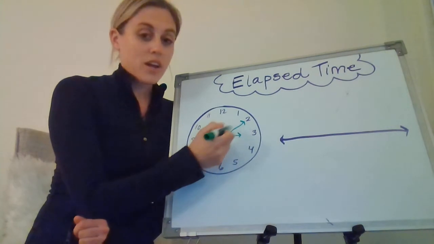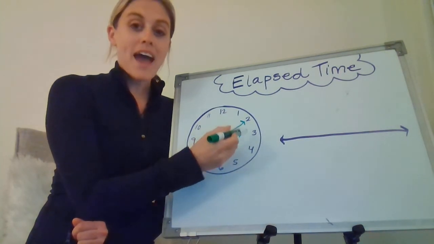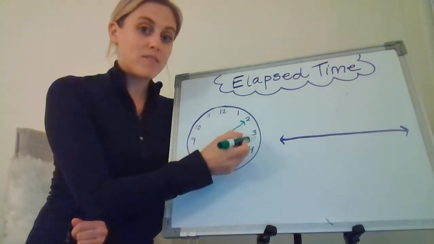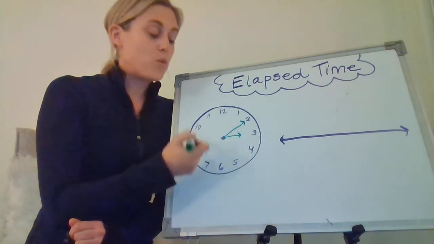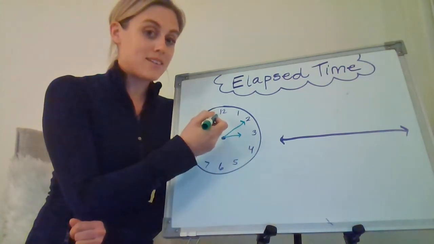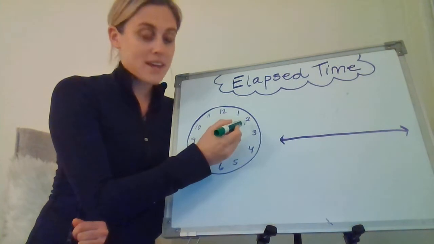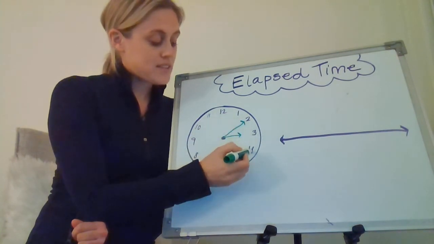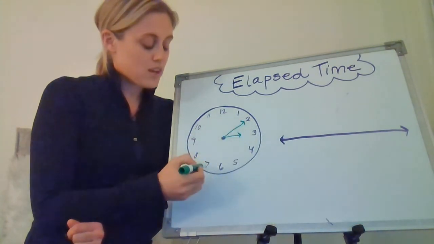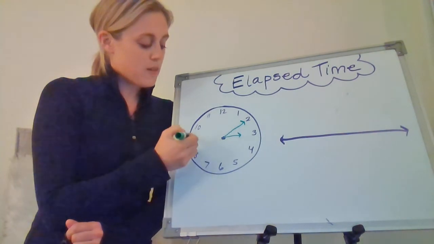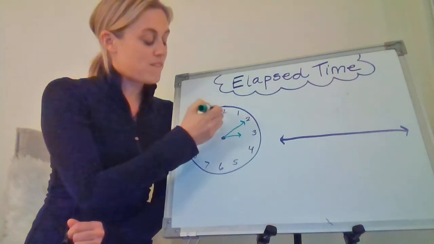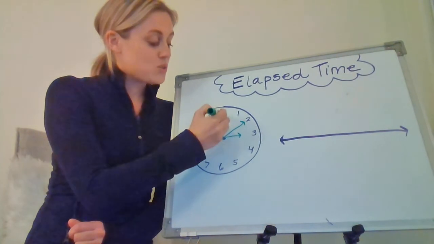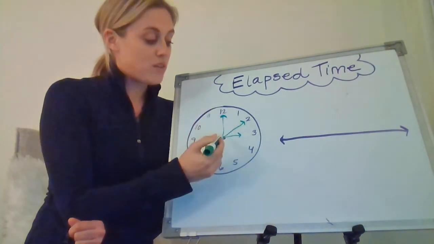So if we're starting at 3:10 and we're going to add 50 minutes, I can count by fives on my big numbers and see where we're going to end. So we start at 3:10, 5, 10, 15, 20, 25, 30, 35, 40, 45, 50. So you are ending at the 12.